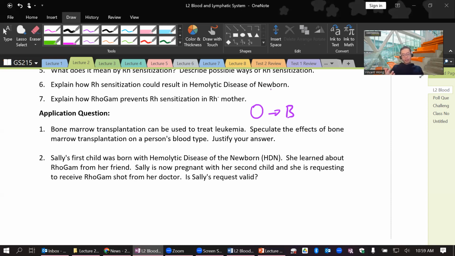There are other interventions that could happen to help prevent hemolytic disease of the newborn, even though the person is sensitized. But there are greater risks associated with it, right? For example, if they discover that the baby is being attacked by the antibodies midway during pregnancy, sometimes they would do an in utero blood transfusion. They would do a transfusion for the baby with the baby still inside the mother.